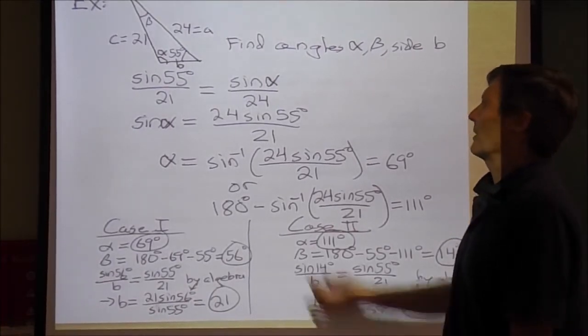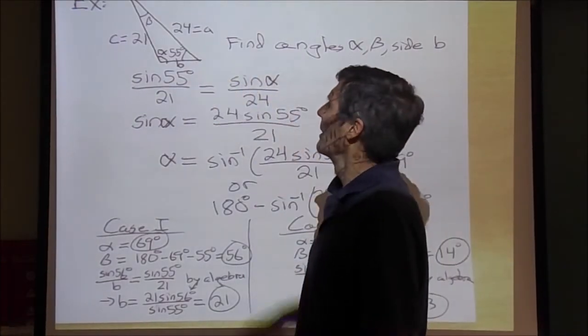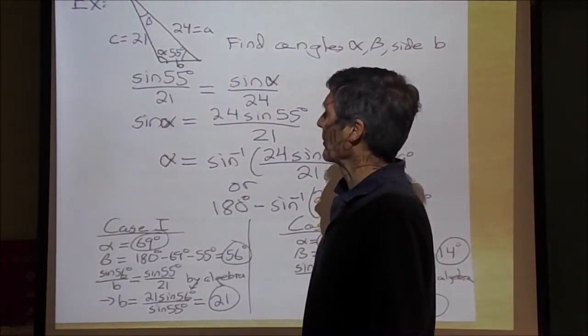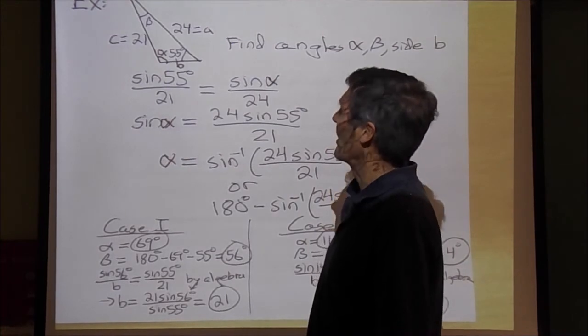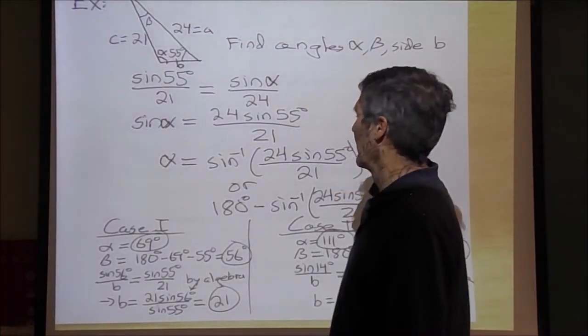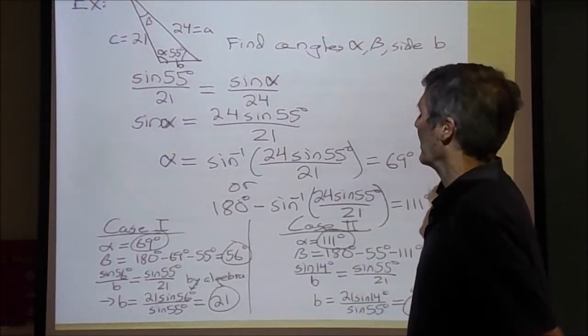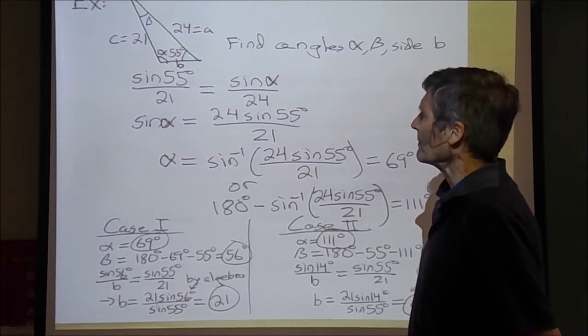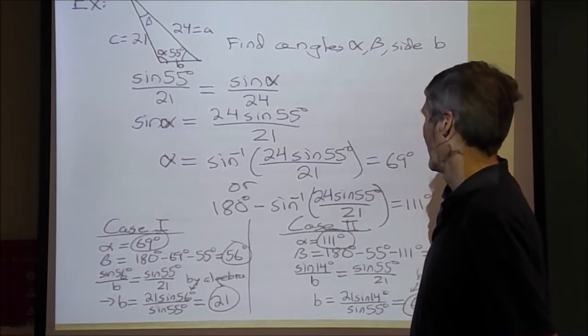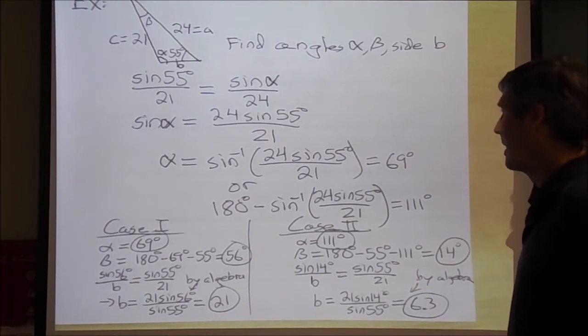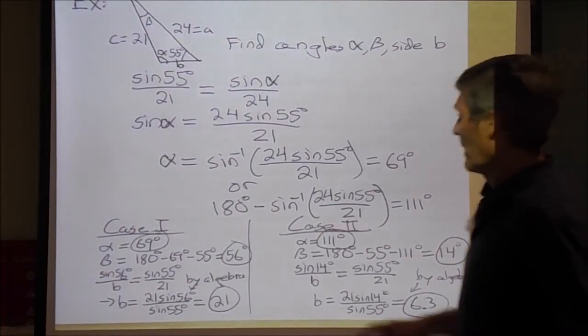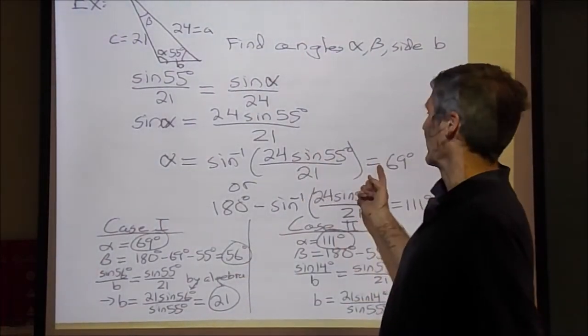Both triangles work. Despite that we drew this out, it turns out there are two different solutions that both work. So in case one, we have 69 degrees for the arc sine.